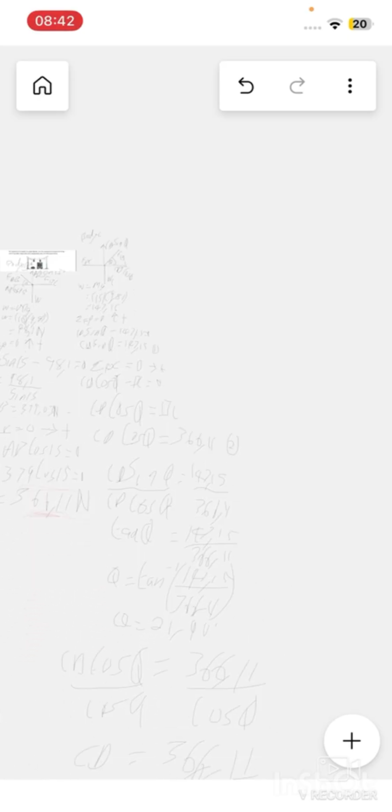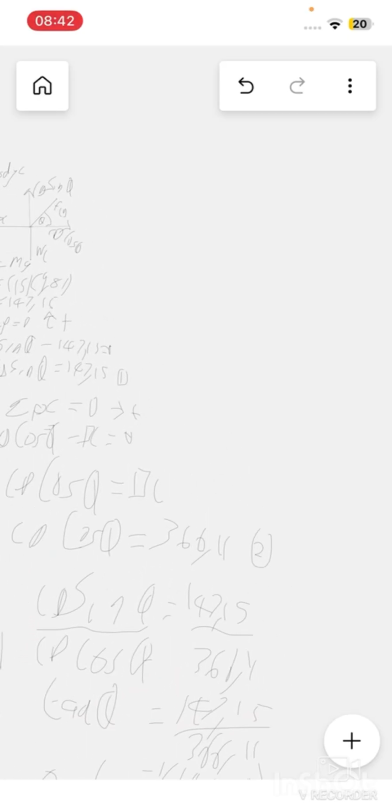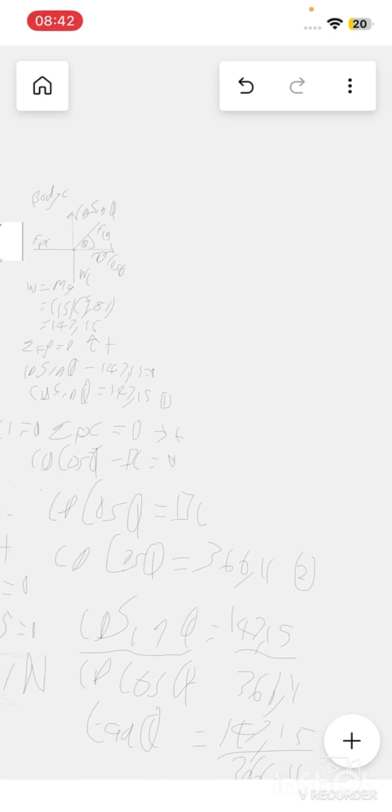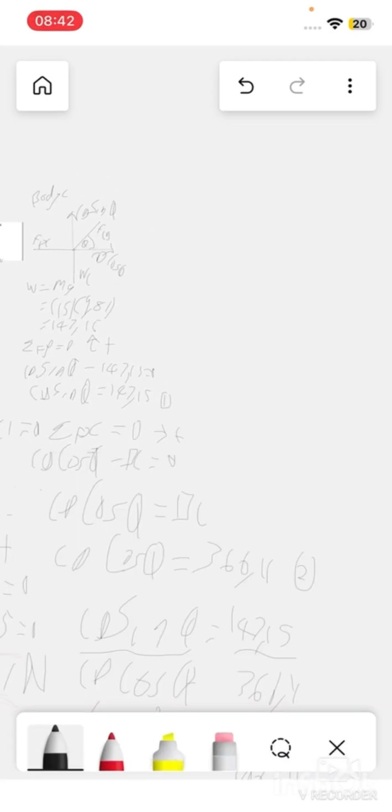We're going to draw the force polygon for both equations. Now let me just draw it with the hand.